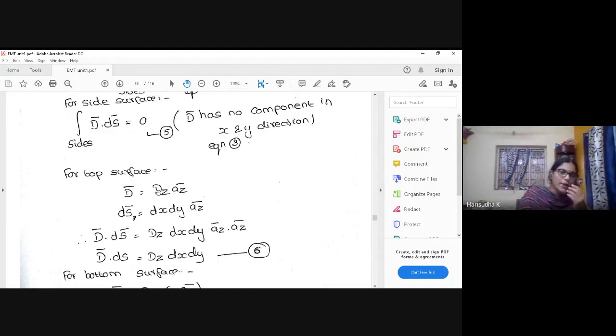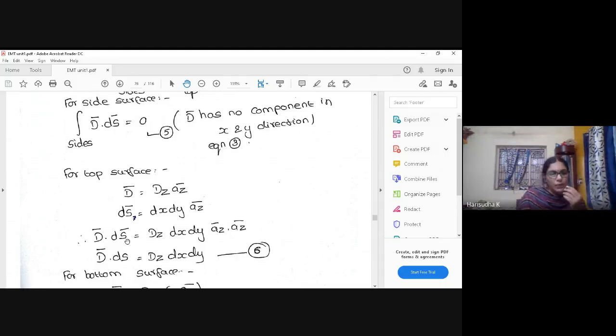We cannot write it as Dz and az, so we have to write in terms of differential surface area. In the place of Dz and az, we can write D suffix s, into differential surface dS. We know dS is dx dy into az, as we have just seen.